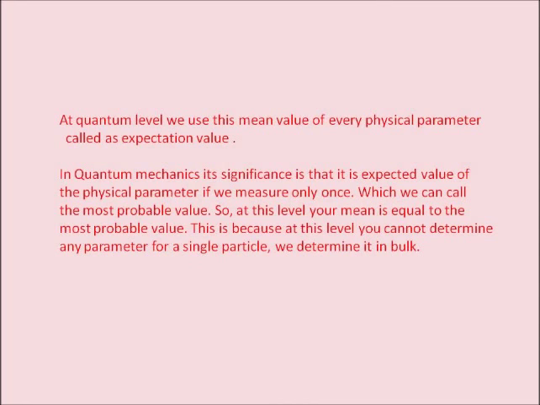This is because at quantum level we are not going to calculate a physical parameter for a single electron or single photon or any single particle. We calculate the property of bulk. That's why at quantum level the mean is equal to the most probable value.